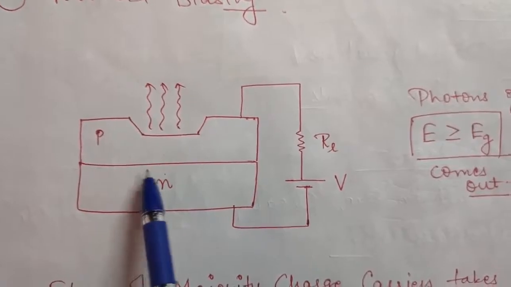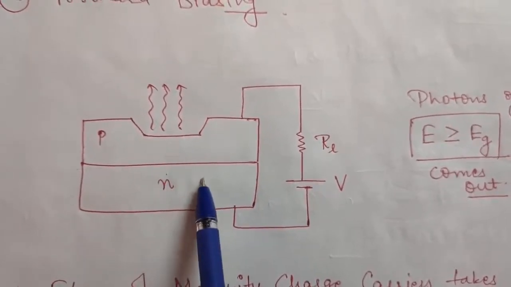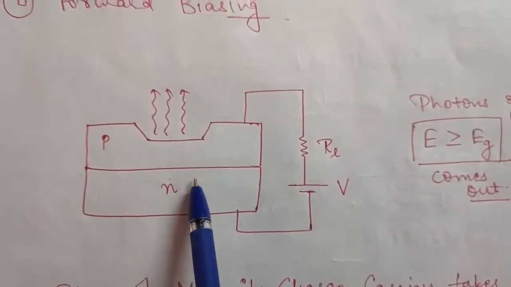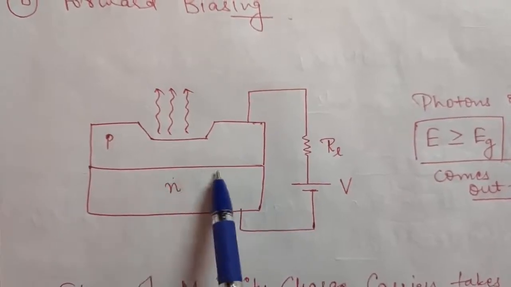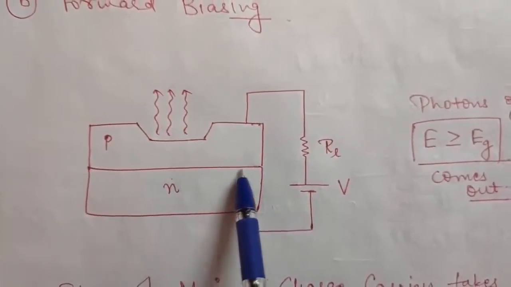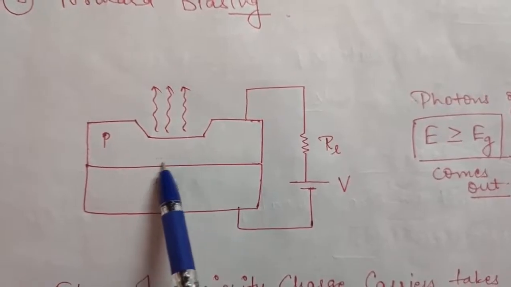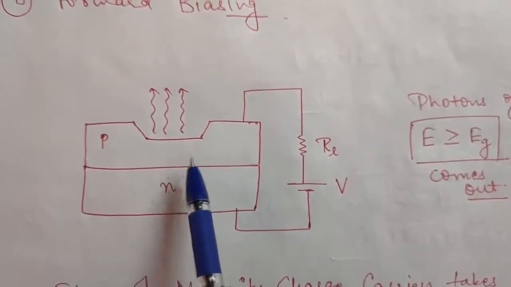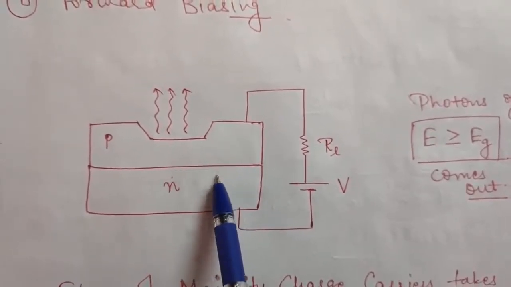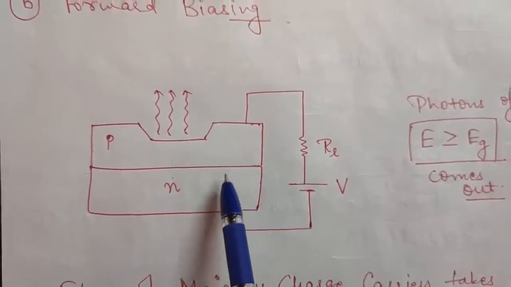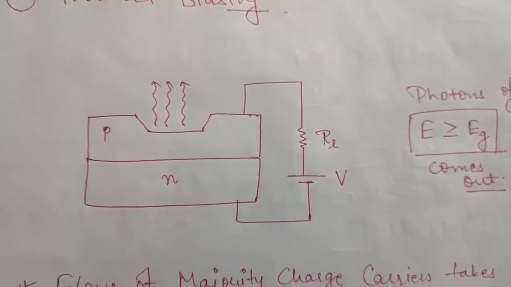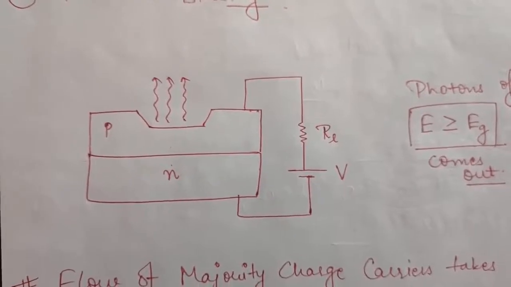Due to the movement of these majority charge carriers across the junction, the number of holes will increase here and the number of electrons will increase there. That is, the number of minority charge carriers will increase across the junction due to the flow of majority charge carriers in the opposite direction.